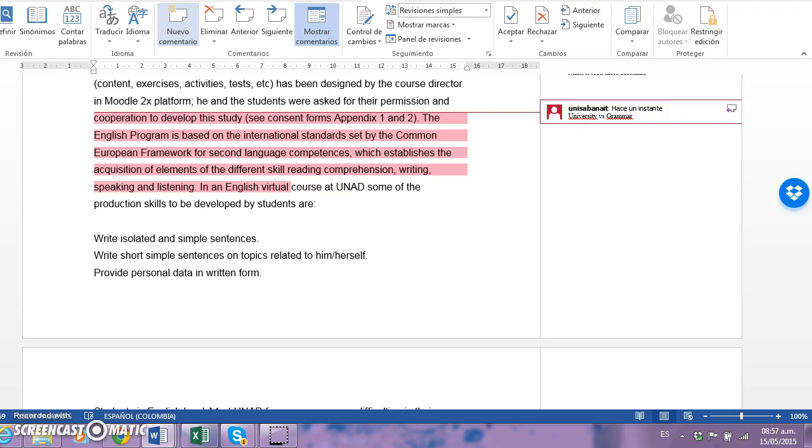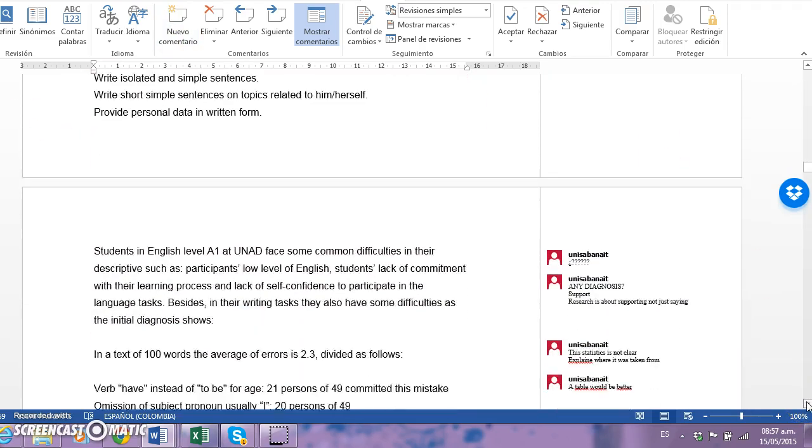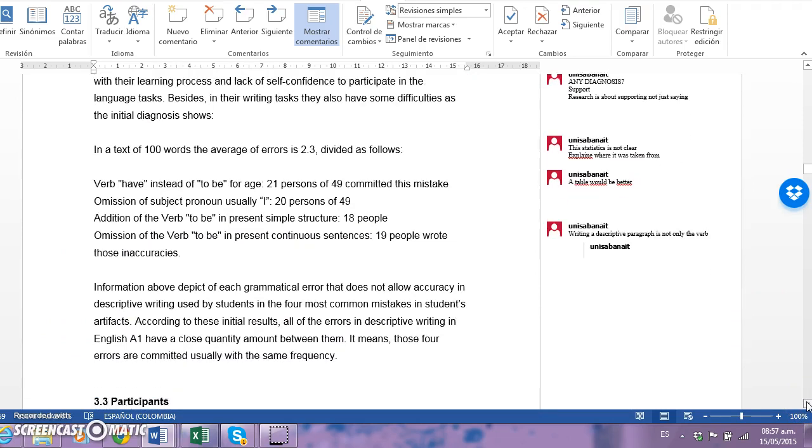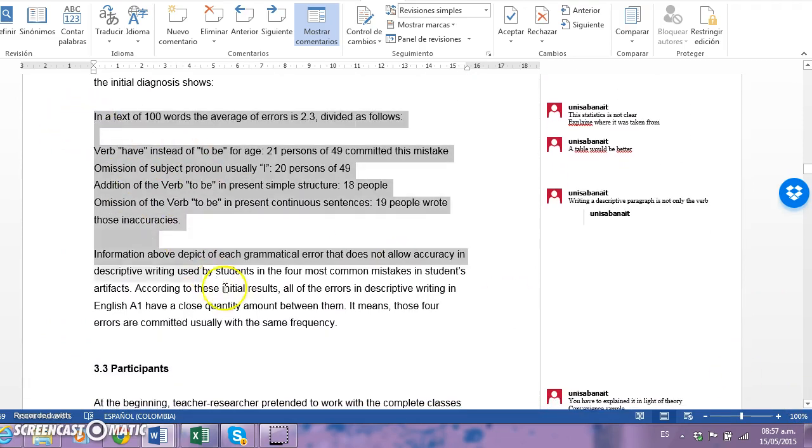So if your focus is grammar and you want to dedicate your life to grammar, you have to support it. Why is it important that teachers still work on grammar? Why is it important that teachers care about grammar? I don't think the UNAD has this vision, but anyway, you are the teacher, and please provide support for this information.